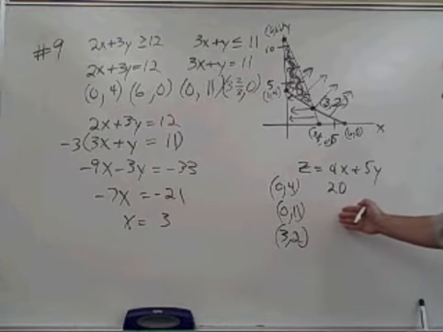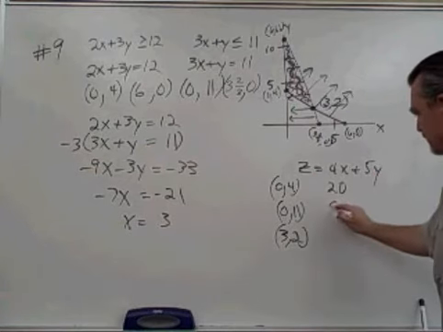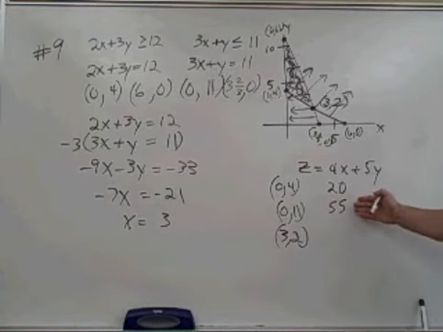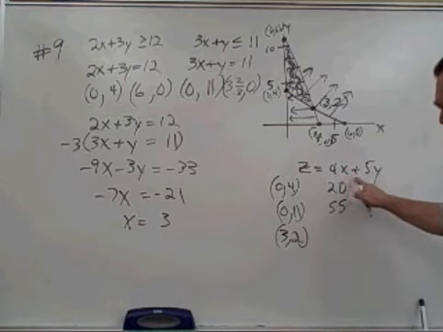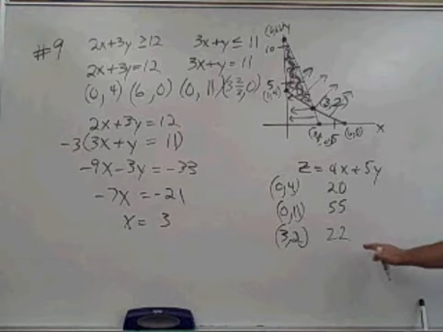Likewise, here at the point 0, 11, 0 for x contributes nothing. 5 times 11 would be 55. So at the point 0, 11, the objective function has a value of 55. Here, 3 times 4 is 12, plus 2 times 5 is 10. 12 and 10 is 22. At the corner point 3, 2, the objective function's value is 22.